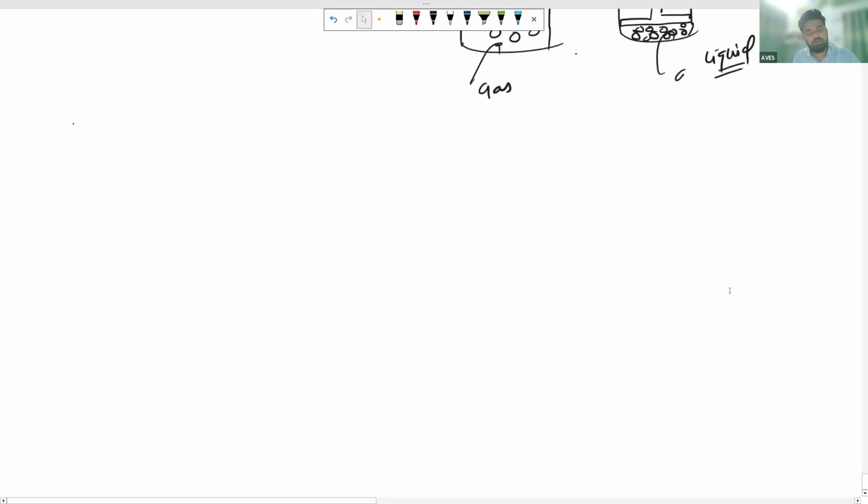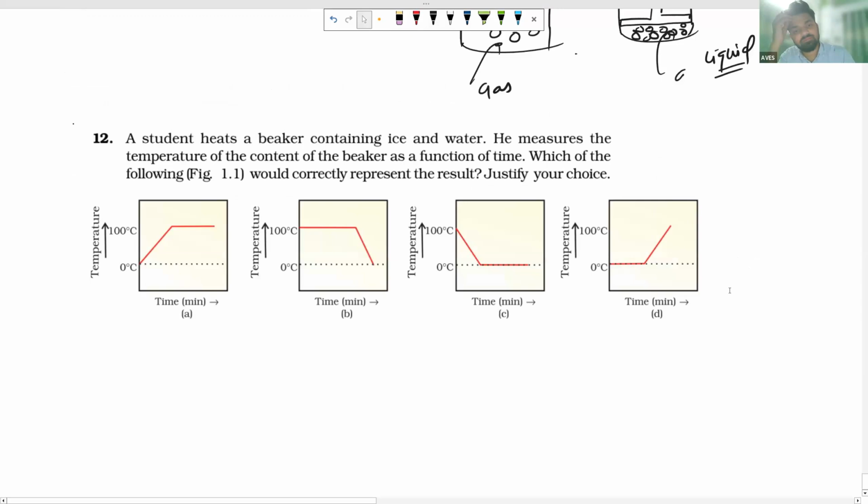Okay. Tell me what is the answer for this question? Do it and tell me the answer. So option D. Okay.